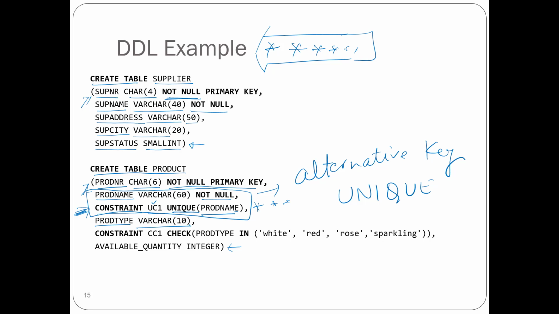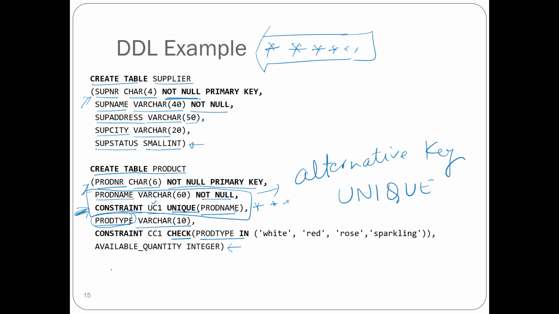Then we have the next column, which is prod type. It's varchar 10. And then look at another constraint that we are putting on prod type: constraint CC1 check prod type in white, red, rose, sparkling. It's similar to the way we defined the domain earlier.